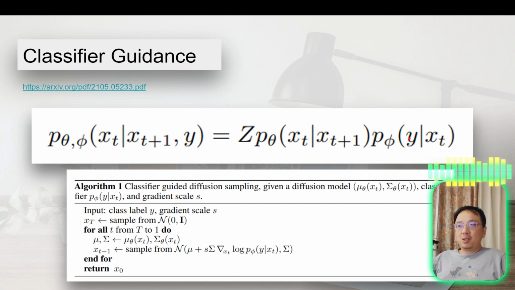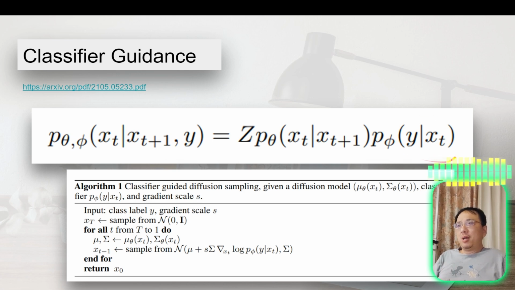So y can be 0, 1, 2, 3, 4, 5, 6, 7, 8, 9. This is the conditional probability. Given the image, we want to know how likely the number written in this noisy image is 0 or 1 or 2 or 3 or 4.